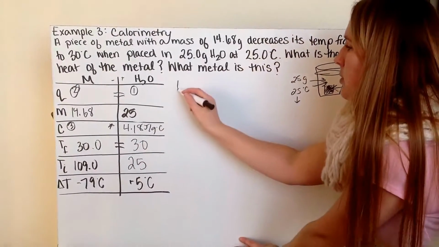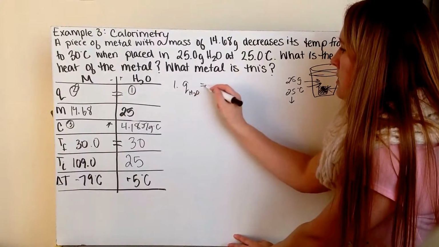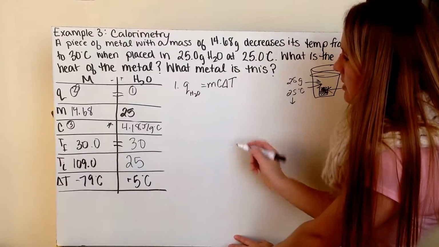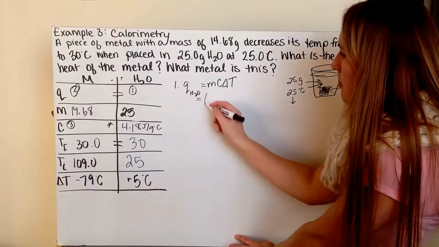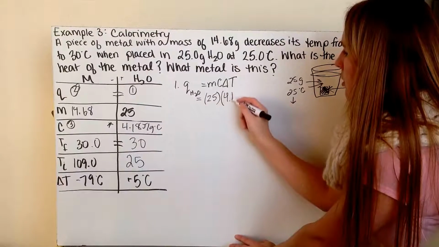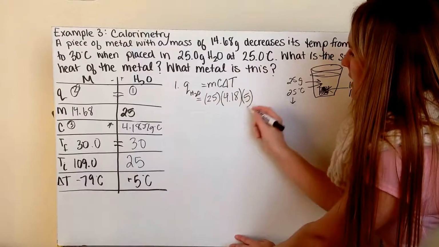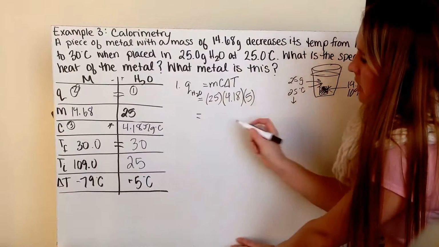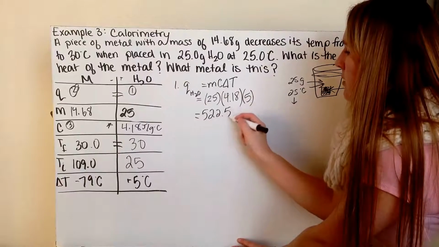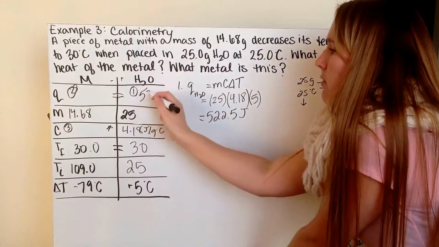So, step number 1, Q of my water is equal to MC delta T of my water, mass 25 grams, specific heat 4.18 joules per gram degree Celsius, change in temperature 5 degrees Celsius, gives me a Q of 522.5 joules. Plug that in for number 1, 522.5.